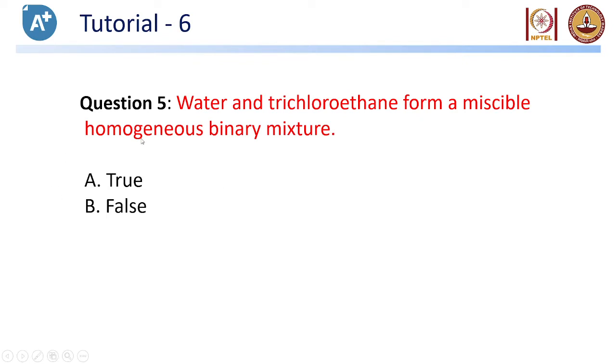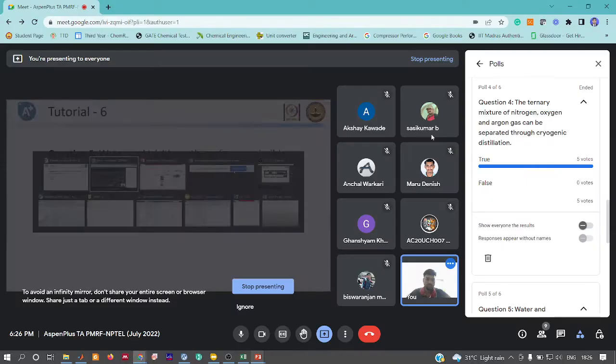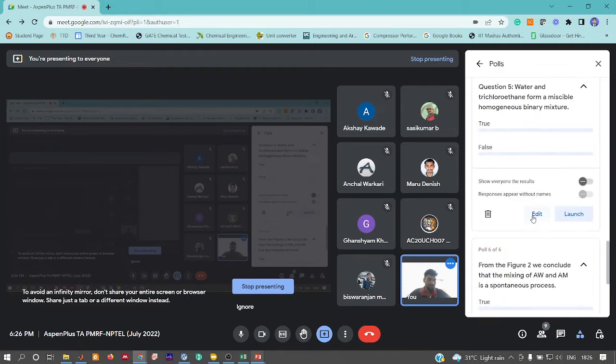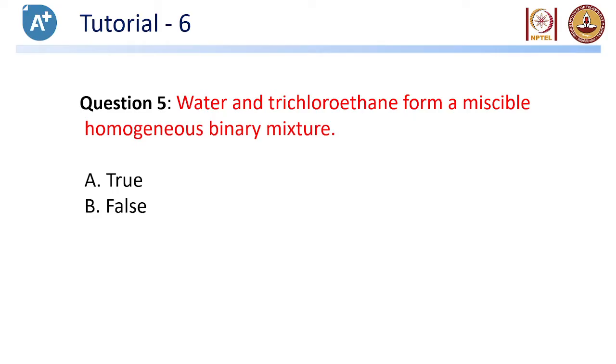Water and trichloroethane form an immiscible homogeneous binary mixture. Is it true or false? The question is: water and trichloroethane form a miscible homogeneous binary mixture. Is it true or false?